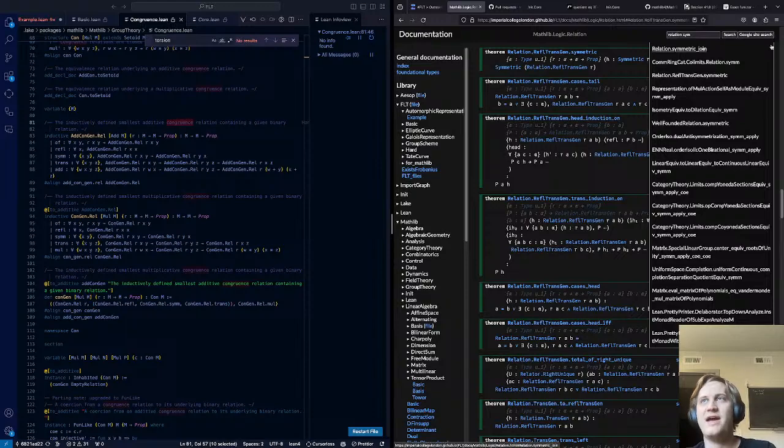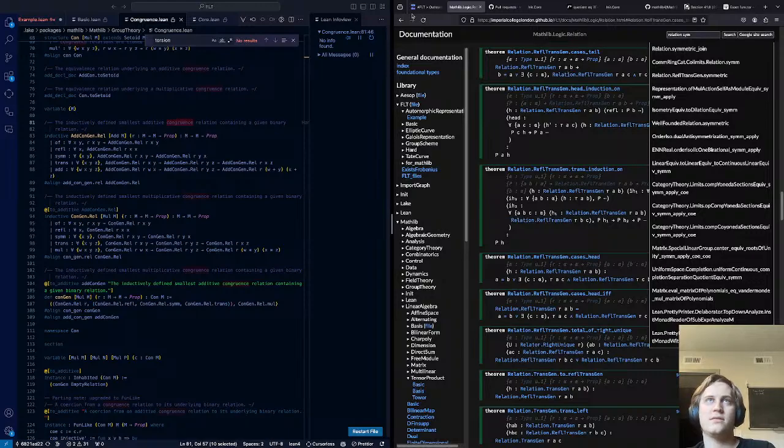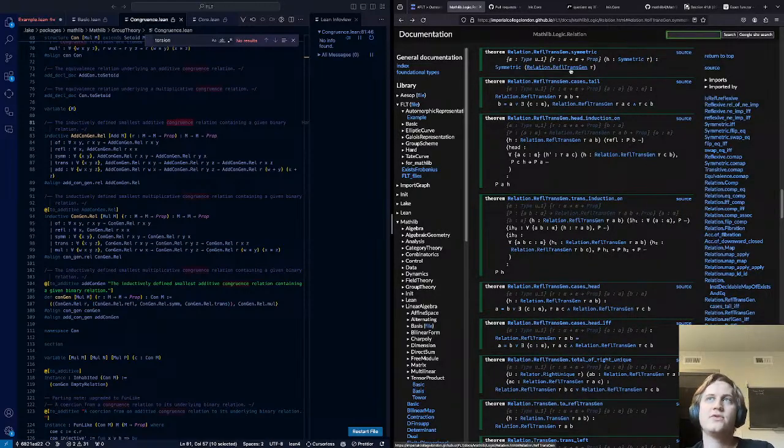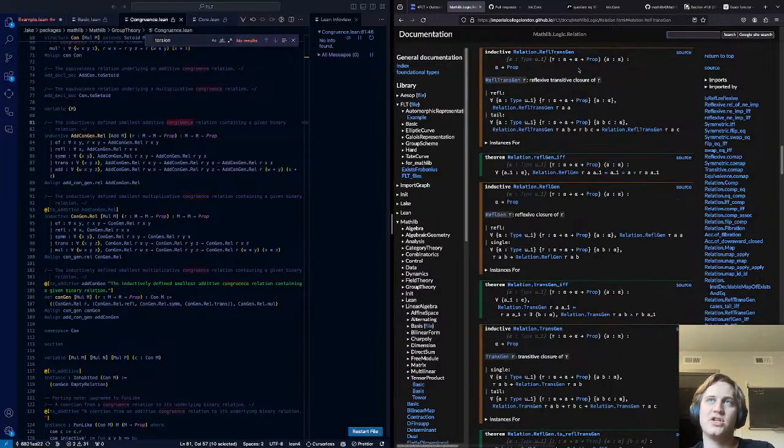So we have ReflGen, we have TransGen, we have ReflTransGen. ReflTransGen, symmetric relation. Okay, ReflTransGen is the reflexive transitive closure of R. Yes, it basically tells you that we have R of A.